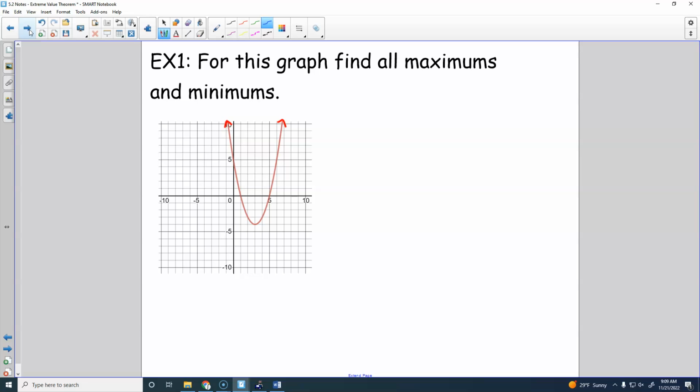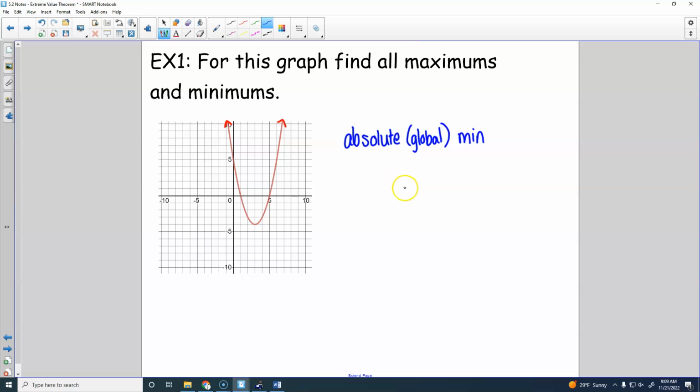All right, so let's look at this graph right here. We're supposed to find all maximums and minimums, both absolute and relative. So for this particular graph, you've only got one. Okay, what do we have here? We have an absolute or a global, try to use both words, minimum.